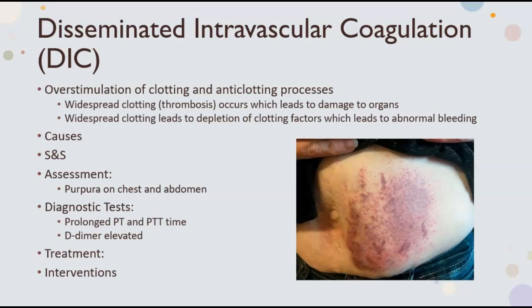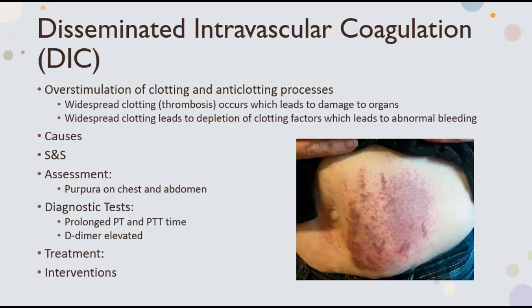Treatment for DIC, so platelet transfusion or a factor replacement therapy, possibly heparin therapy if they are not having significant bleeding, because heparin prevents further clots, packed red blood cells, or fresh frozen plasma.